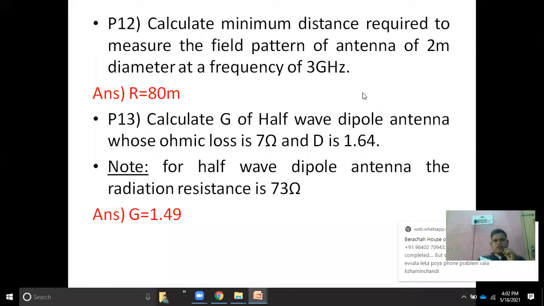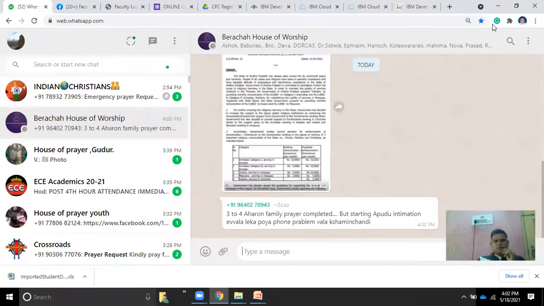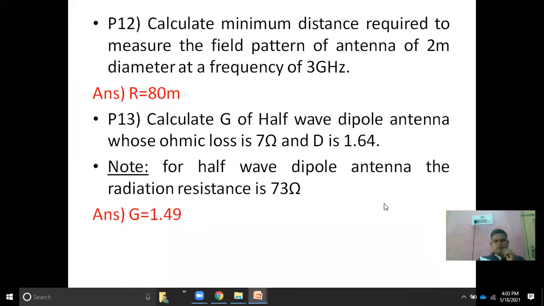What is the equation for wavelength? Can anybody answer my question? What is the equation? Nobody is answering my question.